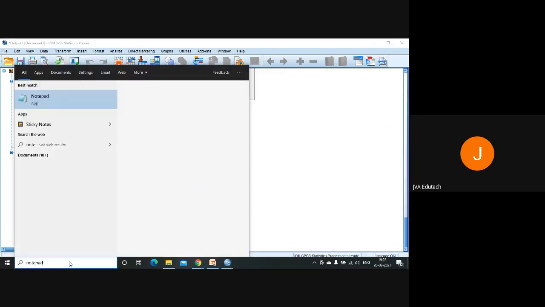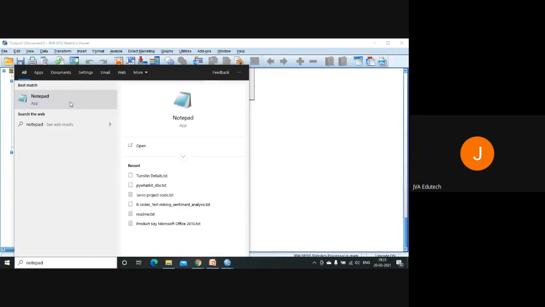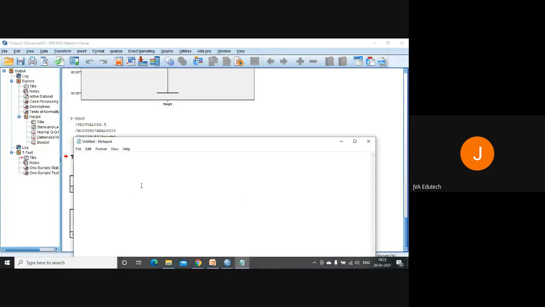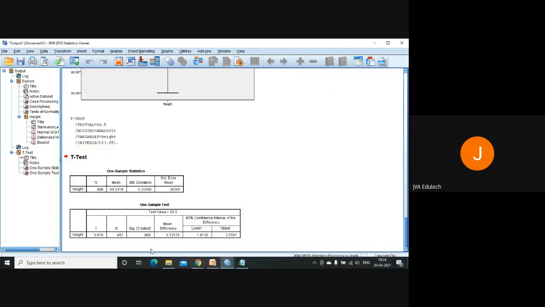So the way of reporting a t-test is you will write like this. To compare whether the mean height of the sample was... because see, the difference could be there, but you have to also see whether that difference is significant or not.